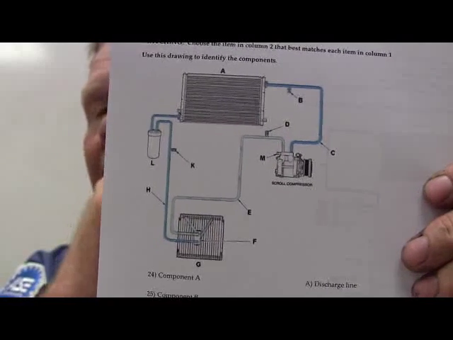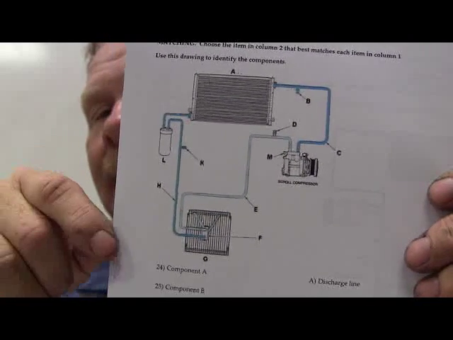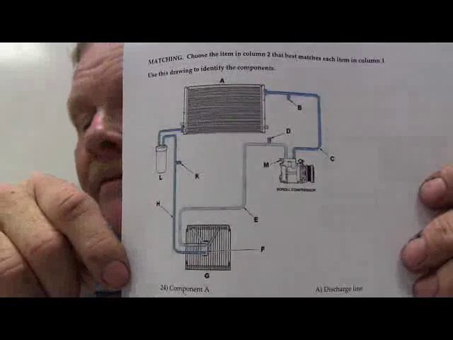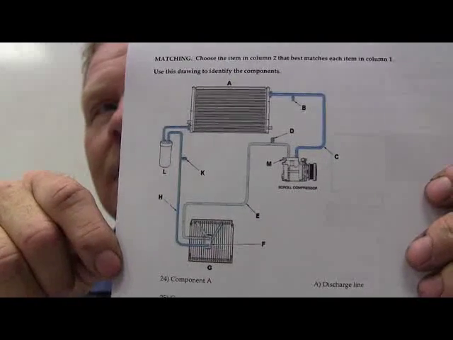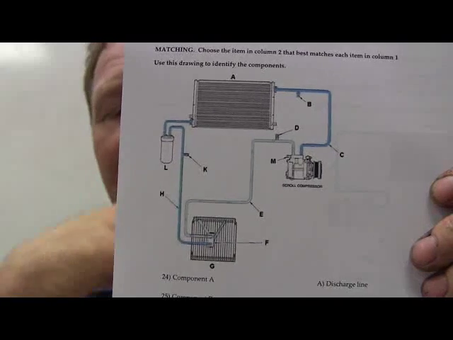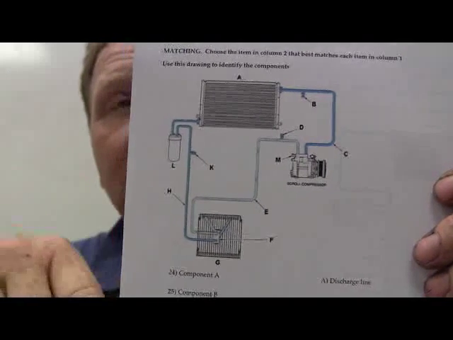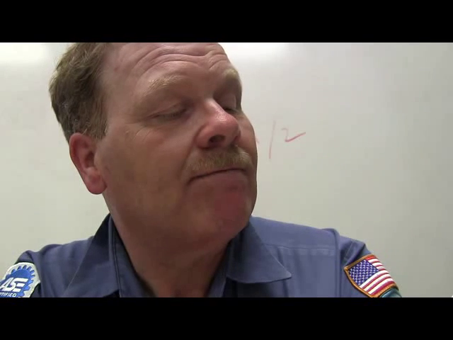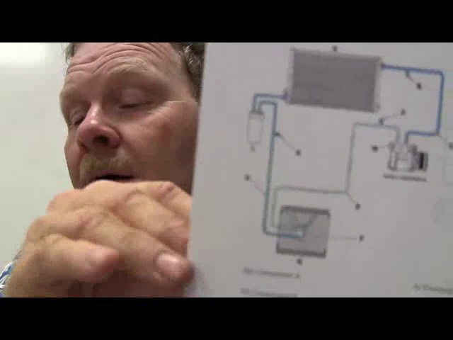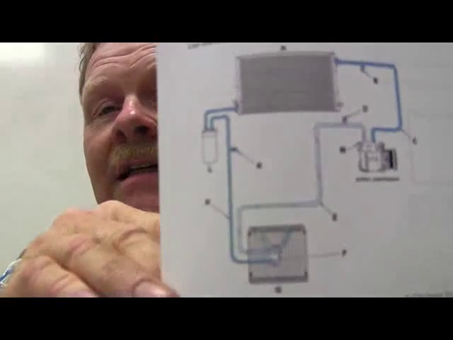Is A, right? 26 is A. Got that? Your answers are going to be down here by your numbers. Okay, it's component A, right? I'm just going back to 24. Yeah, component A. That's number 24. That's the evaporator, right? Well, actually, it's going to be J. Yeah. There you go. See, condenser is basically what that's going to be.